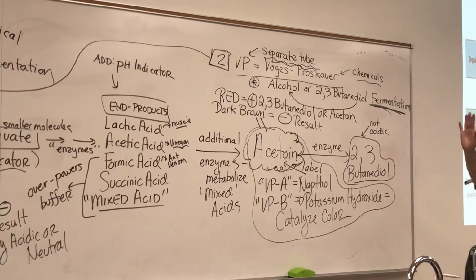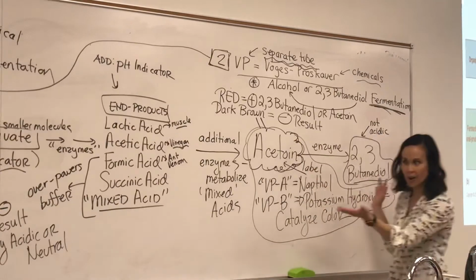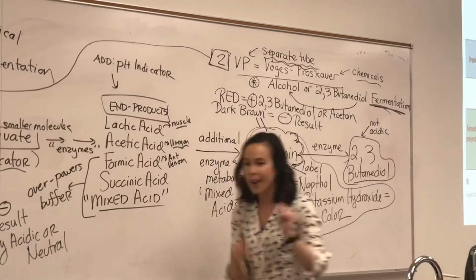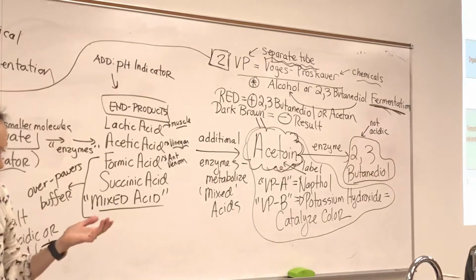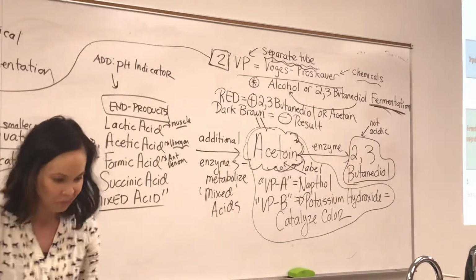They don't get a positive for the acid and the alcohol. It's one or the other, not both at the same time. So my question to you guys is why? I'll give you a quick minute to talk it over, and then I'll ask somebody for an educated guess why it's not double usually.